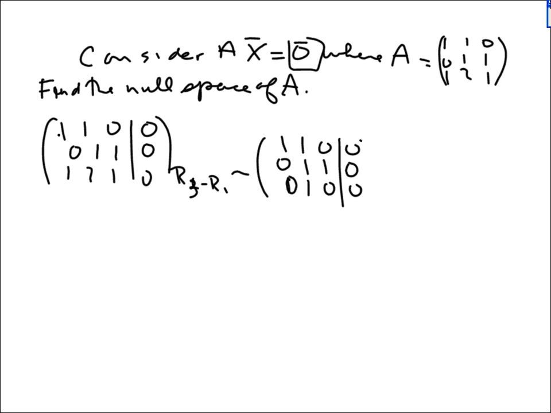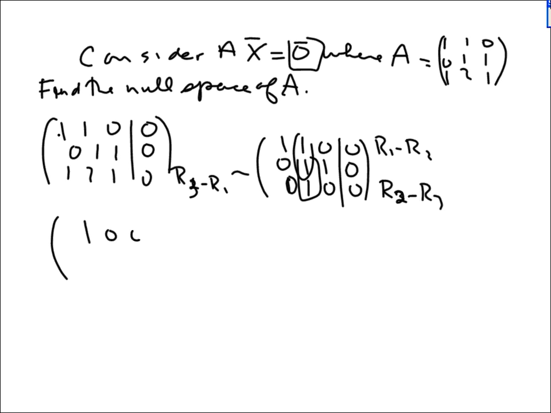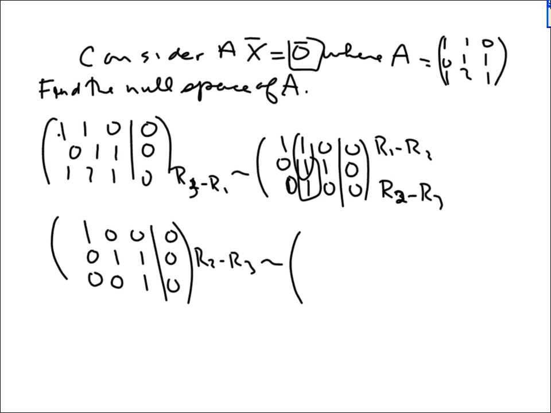And now we'll do row 1 minus row 2, 1 minus 1 is 0, and we'll do row 2 minus row 3, plus 1 minus 1 is 0. And what that gives me is 1, 0, 0, 0. The second row we're not touching. The third row will be 0, 0, 1, 0. Then I just do row 2 minus row 3, and I get the identity matrix.